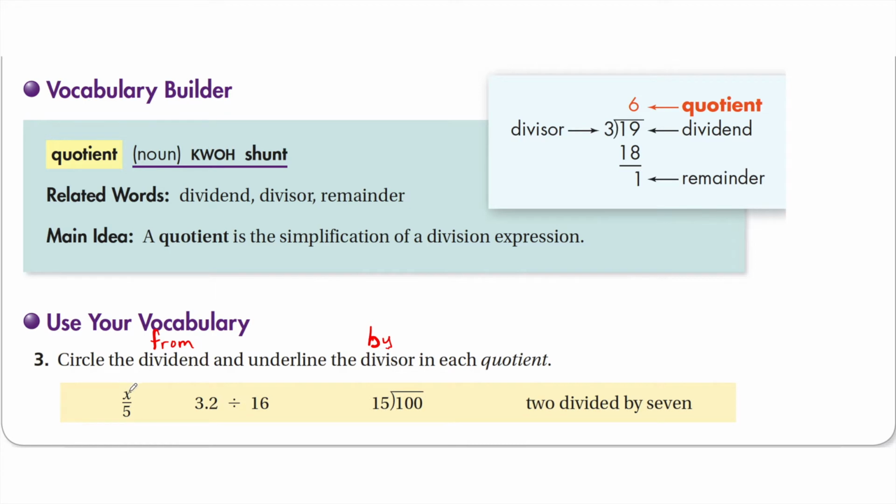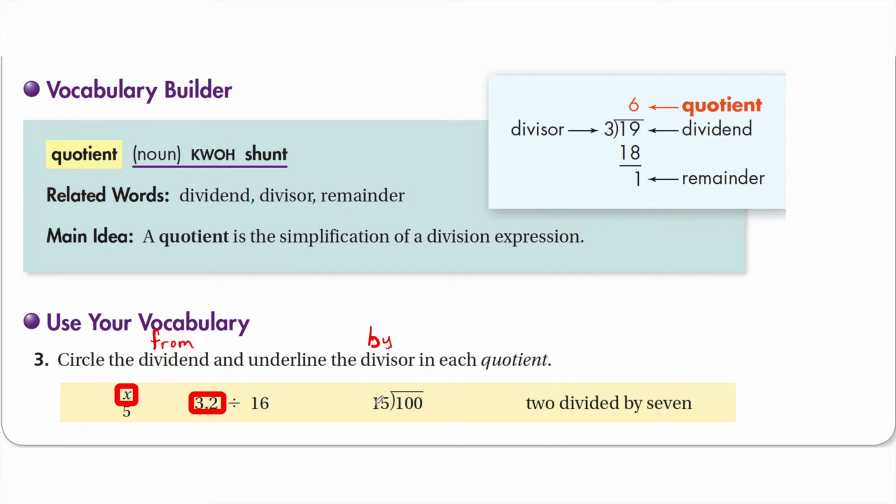So x divided by 5 means that our dividend is going to be the x, because we're going to be dividing 5 from that x. That 3.2 divided by 16, our dividend will be the 3.2, because again, the 16 is going to be divided from 3.2.